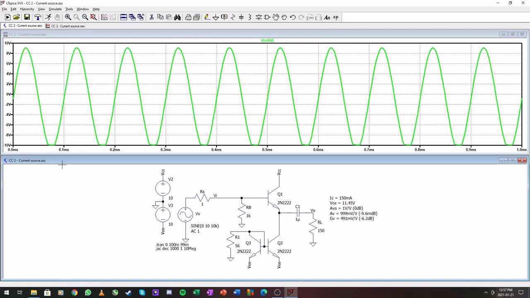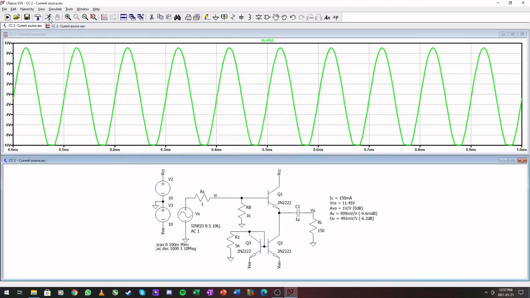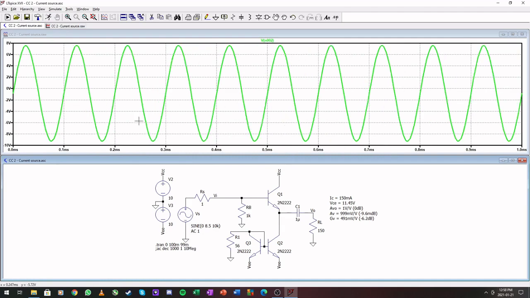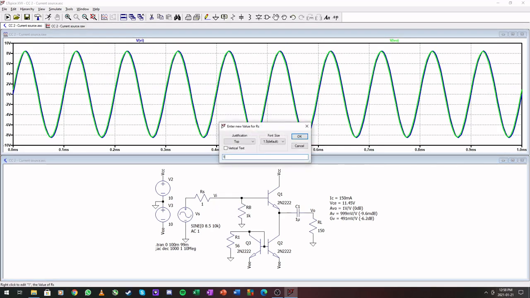So having our VCE being a bit off, we have a problem over there. So if we make this 8.5, it will work perfectly. Okay, so the input and output is the same, but due to this biasing resistor right here is why we are having issues.